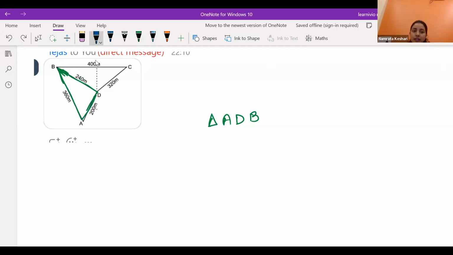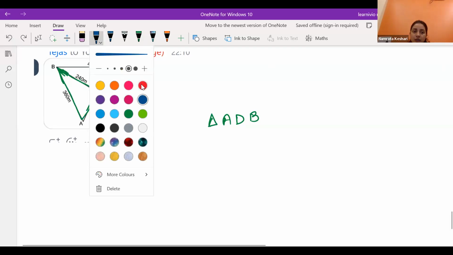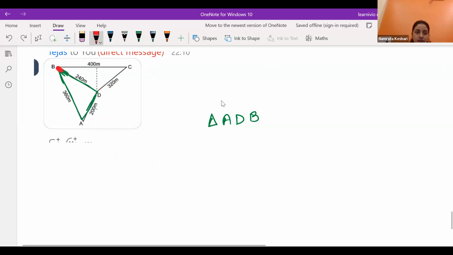Now, if you have to find the area of the other triangle, the red one, I said to you that both approaches will work. Either use Heron's formula, or since this is the perpendicular, use the formula 1 by 2 into base into height.